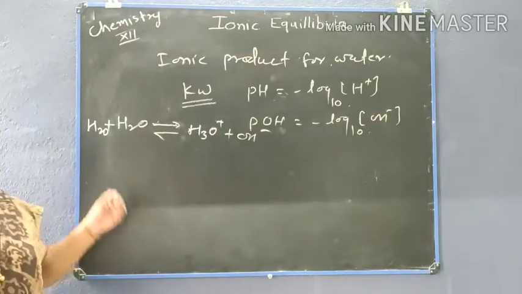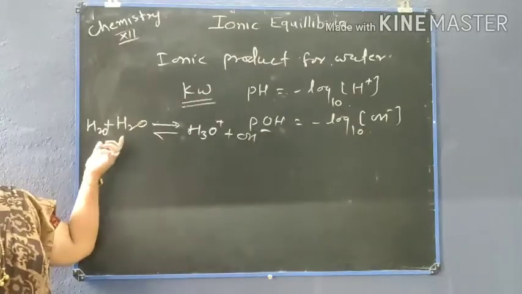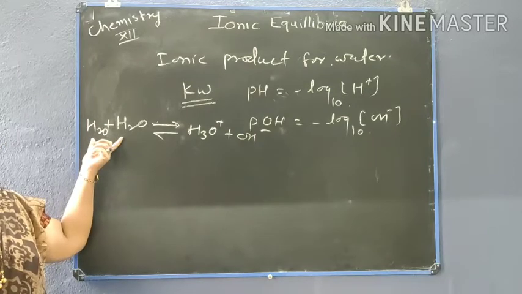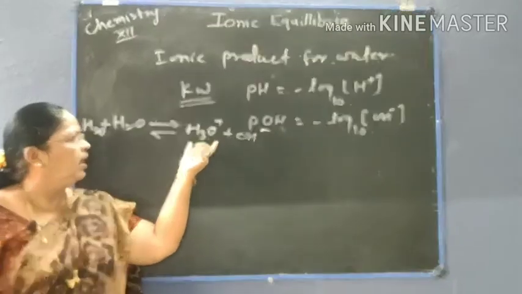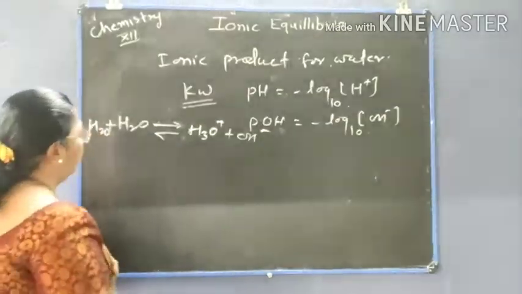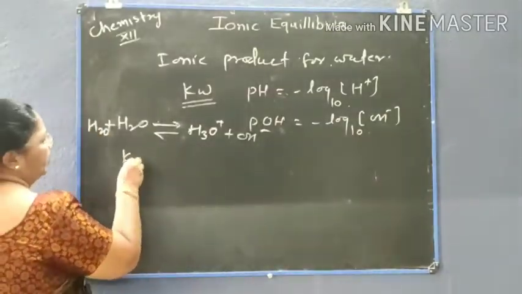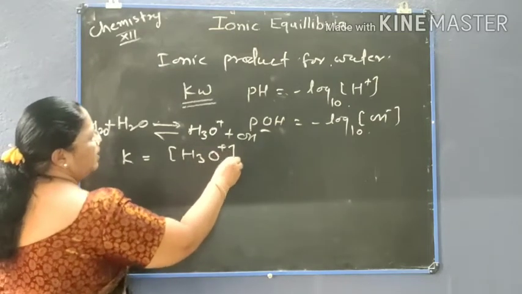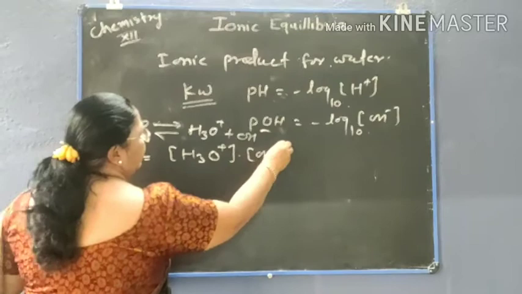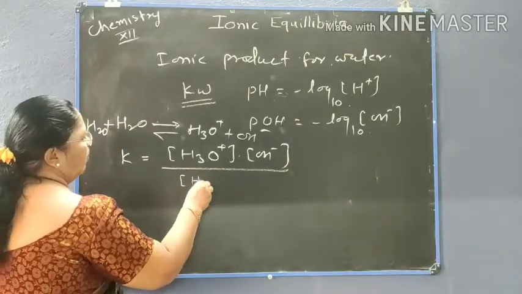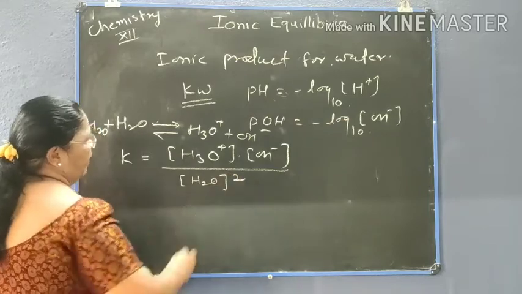Kw is calculated by considering the dissociation of water. When two molecules of water dissociate, they produce H3O plus and OH minus ions. Apply the law of mass action: K is equal to the concentration of H3O plus times the concentration of OH minus divided by the concentration of H2O squared.